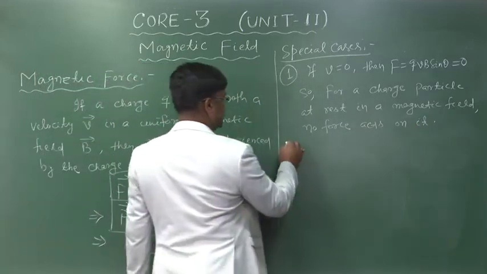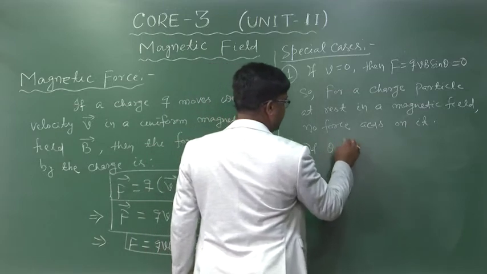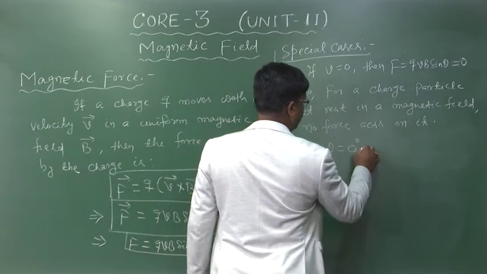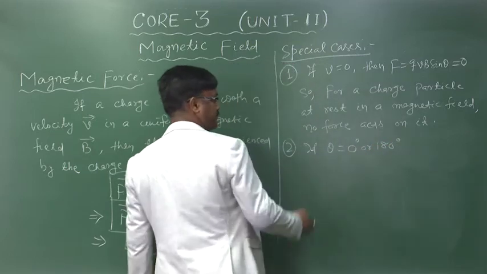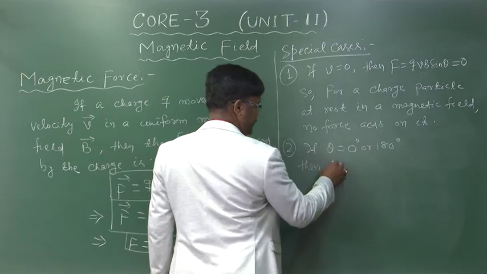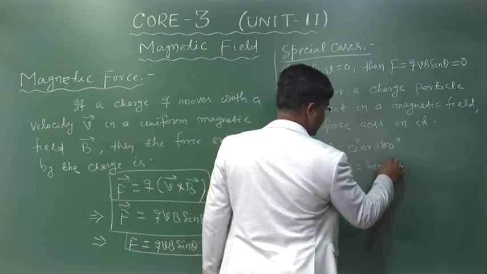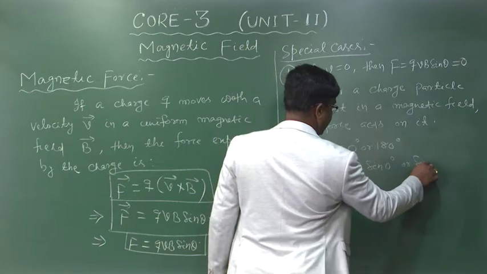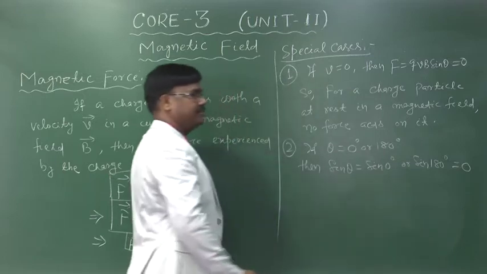Number 2 case, if theta equal to 0 degree or 180 degree, then sin theta will be sin 0 degree or sin 180 degree equal to 0.